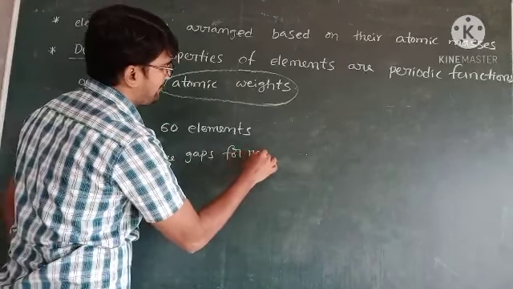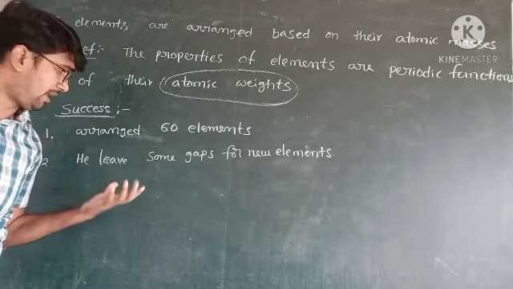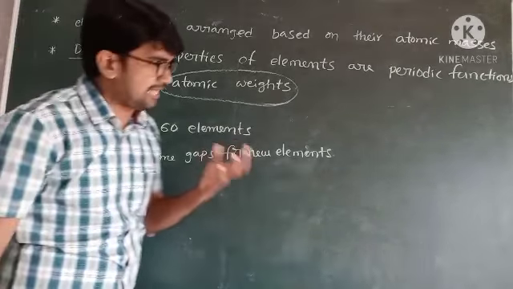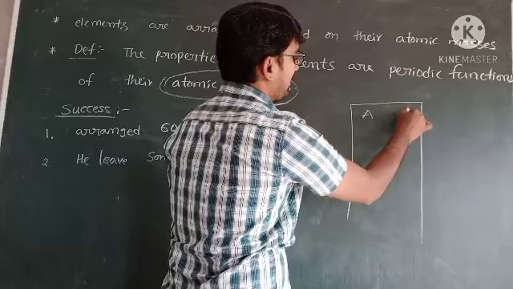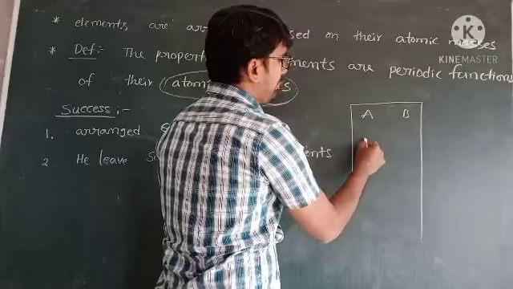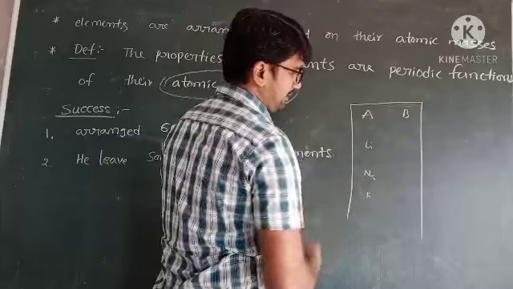It is the main important point of Mendeleev's periodic table. For example, if you take one group here, in this group these two subgroups are present, A and B. Some elements are present here, lithium, sodium, potassium, like that.